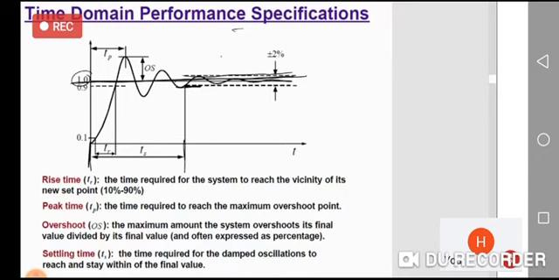Now, this represents 0.98, and this represents 1.02. अब इन दो लाइंस के दरमियान देखिए, शुरू में रिस्पांस जो है वो इन दो लाइंस के दरमियान आके दोबारा निकल जाता है, लेकिन at this particular moment once the response enters the plus minus 2 band, इसके बाद वो plus minus 2 band से बाहर नहीं निकलता, it remains within the plus minus 2 band. ठीक है?